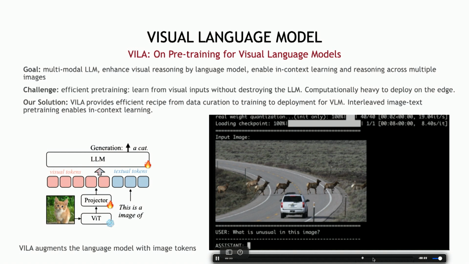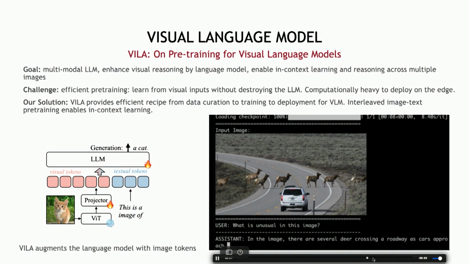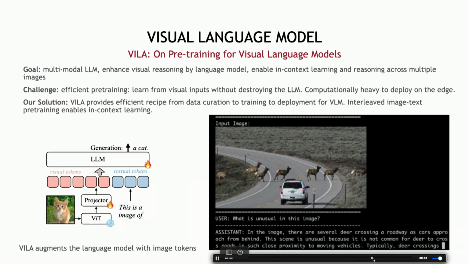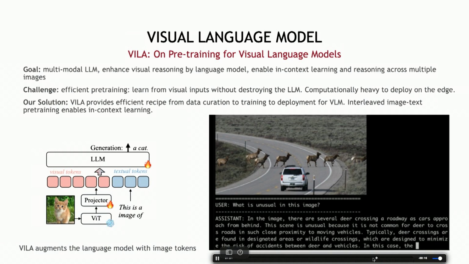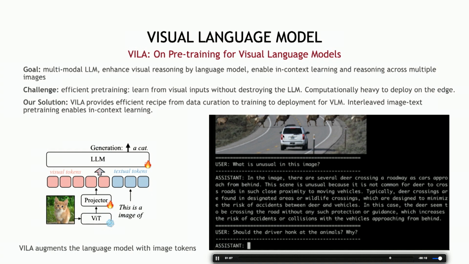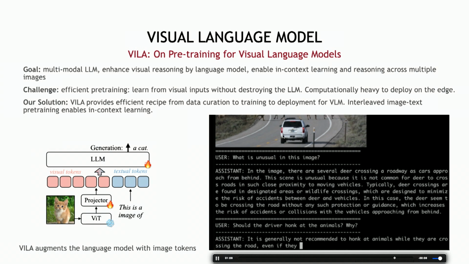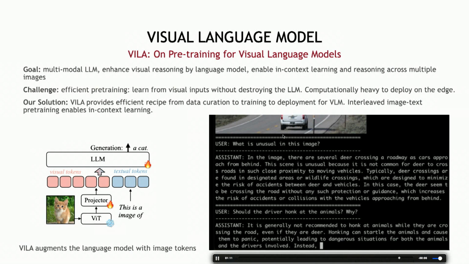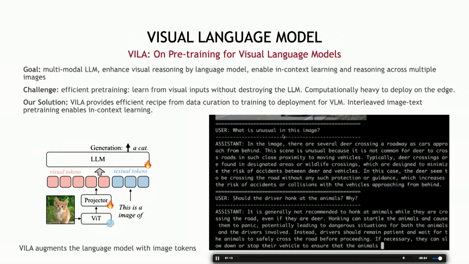And even for corner cases, which are very difficult to handle for L3, L4 autonomous driving, we can now use the language model to support visual recognition to handle this corner case where there are a lot of deer crossing the street. And most amazingly, this can be deployed on the edge, so many EV companies are very interested in this work.